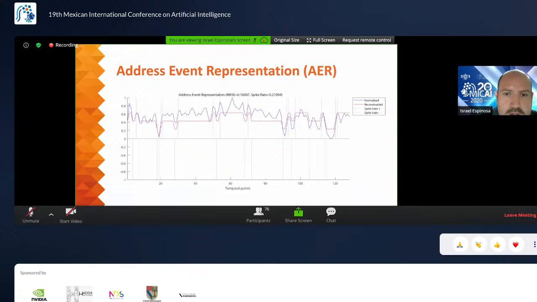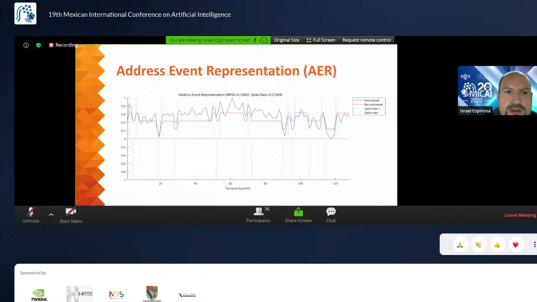We see some horizontal lines on the top, blue lines, and on the bottom, red lines. The blue ones are positive spikes that represent the positive changes in the signal, and the red ones represent a negative change in the signal.